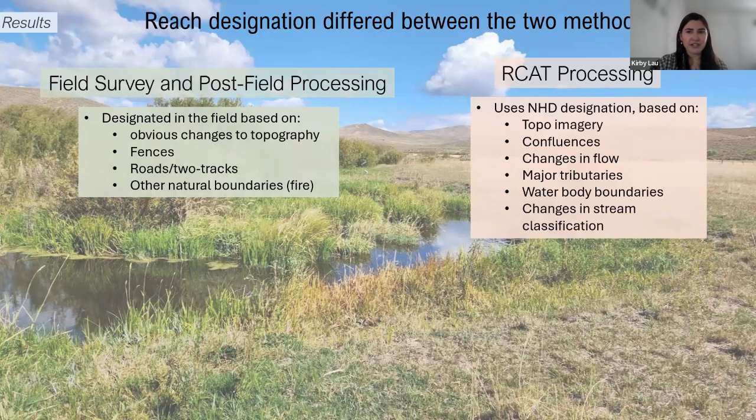Whereas our field surveys, if you recall, use things like fences and roads to break streams into those short sections or reaches. And so when comparing the two, this meant that RCAT occasionally ignored what we considered boundaries, those roads and two tracks. And it also broke down a lot of our reaches into multiple segments based on qualifiers that we actually couldn't see in the field.